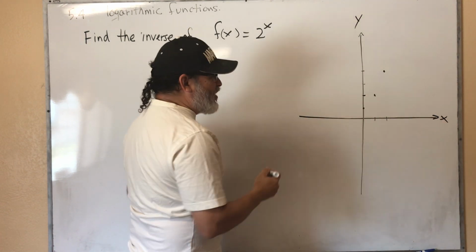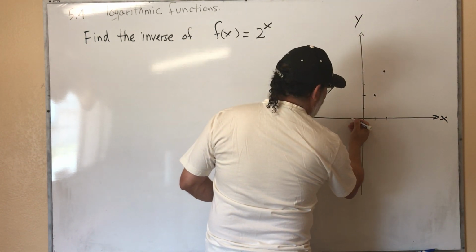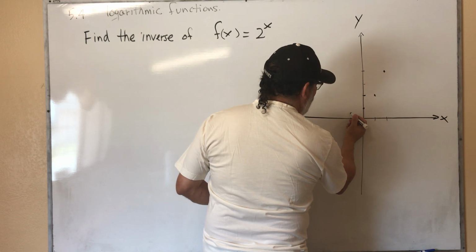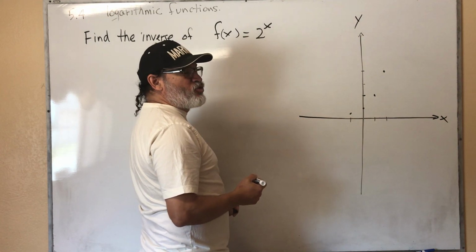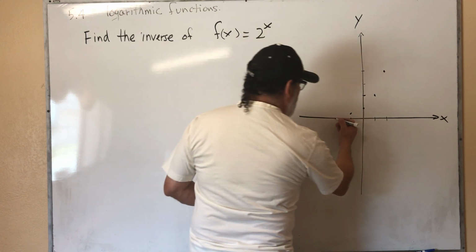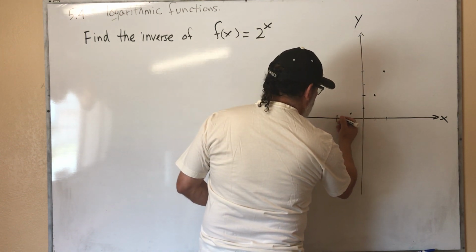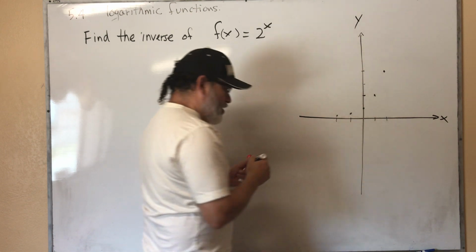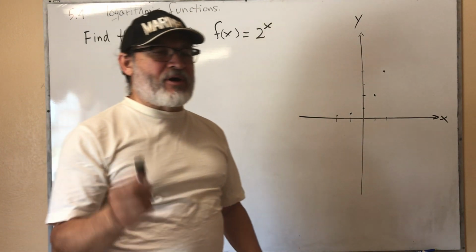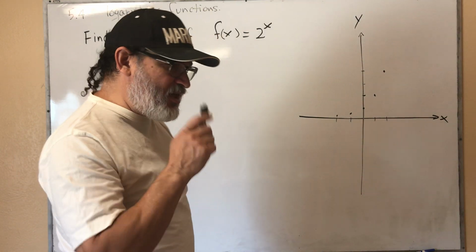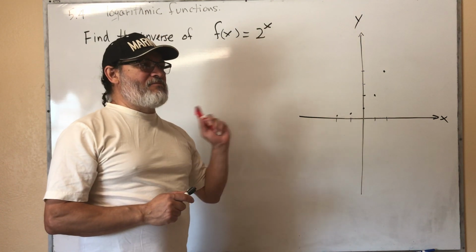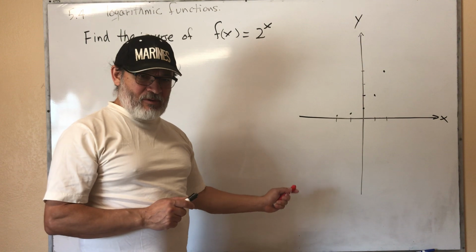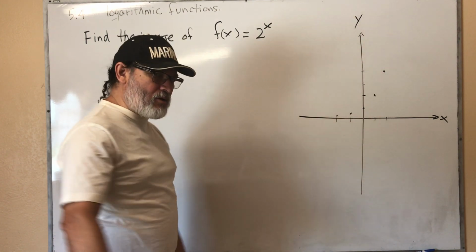Let x be negative 1. What's 2 to the negative 1? Half. Let x be negative 2. What's 2 to the negative 2? 1/4. Okay, go back and look at my prior video, and I did this for you guys. I made a table. Go back and look at it.